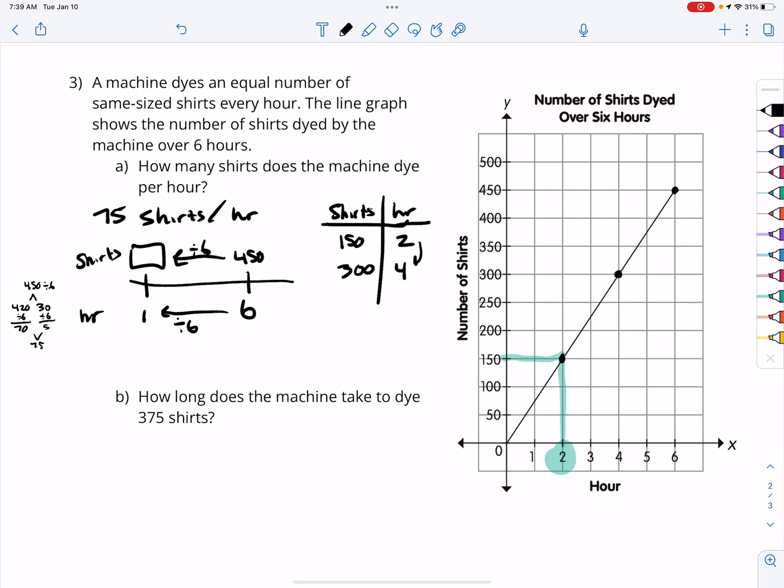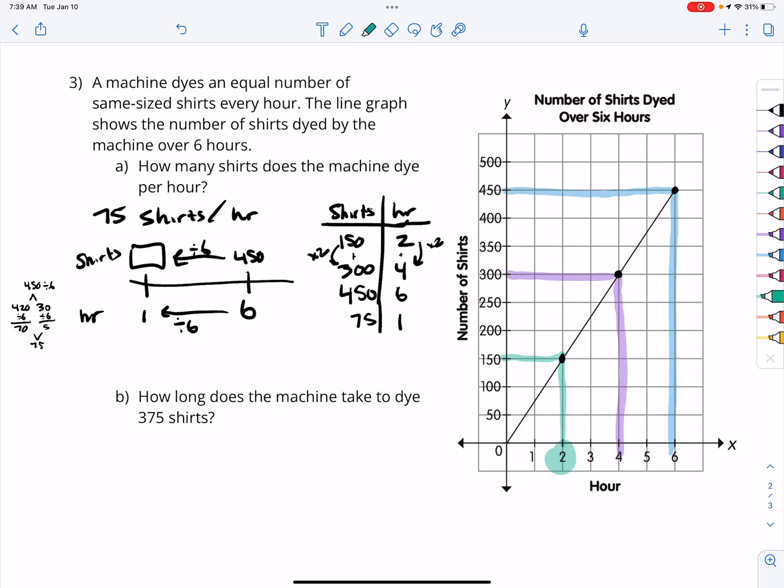What we know about proportional relationships and ratios is that if we multiply by 2, we have twice as long, so we're going to be able to do twice as many shirts. And if we want, we could add these, so 2 plus 4 is 6, so then we would add that number of shirts. This does seem to match all of our calculations. When we organize the information from this chart into a table, everything seems to match up.